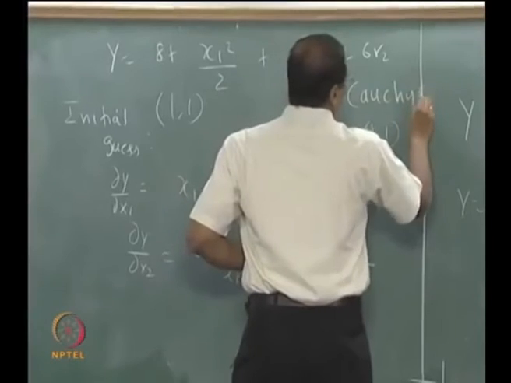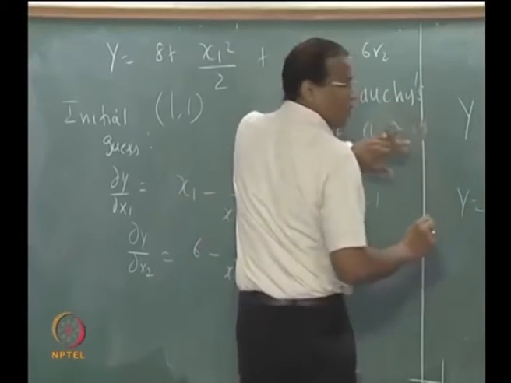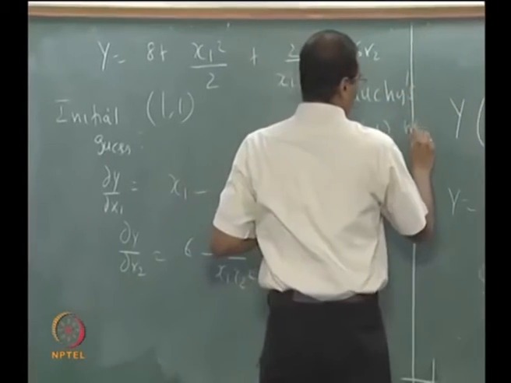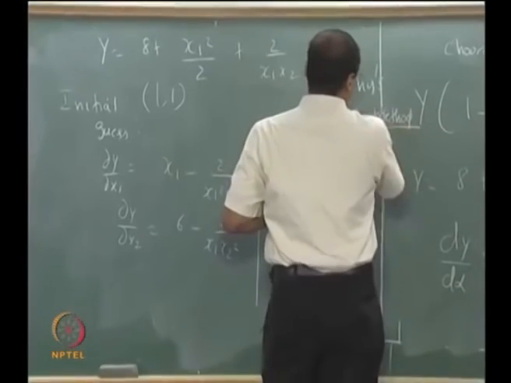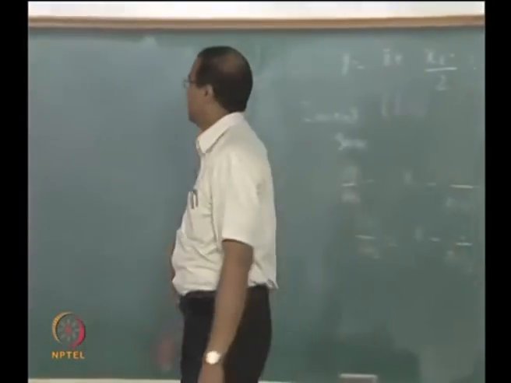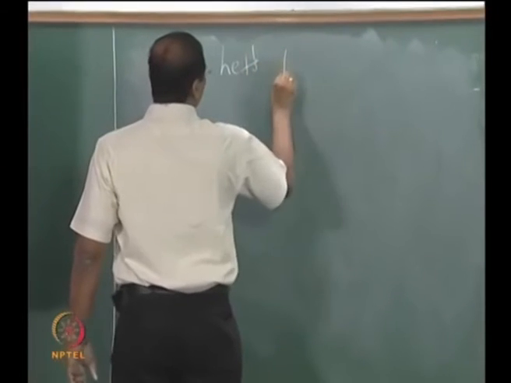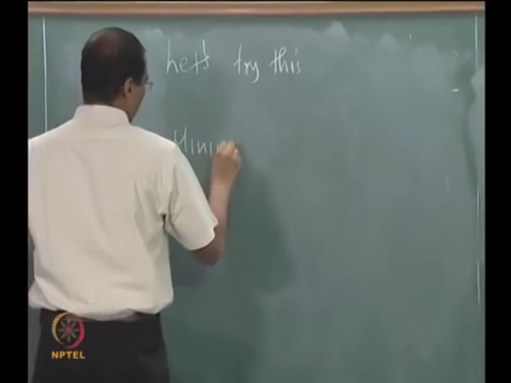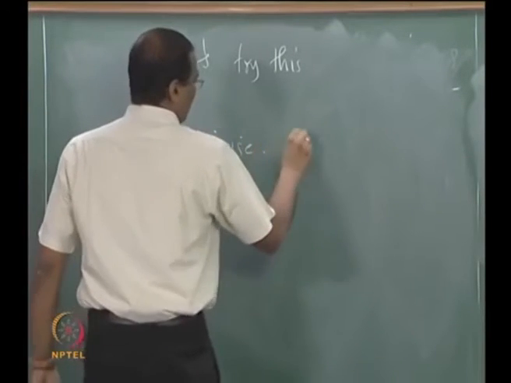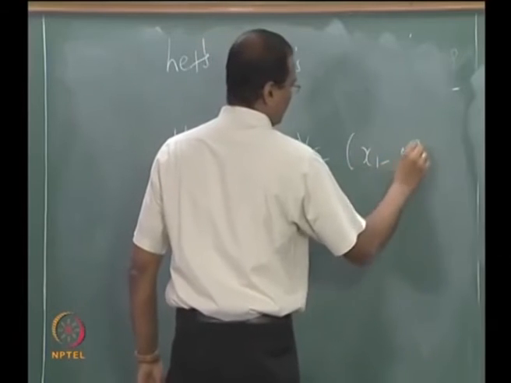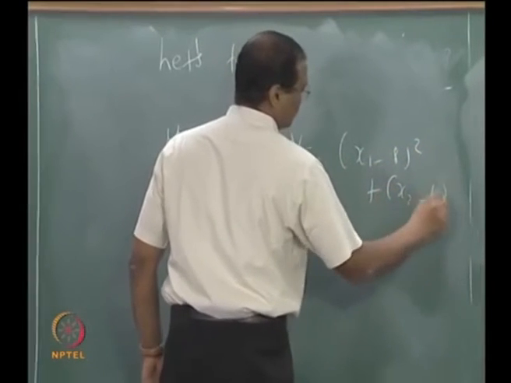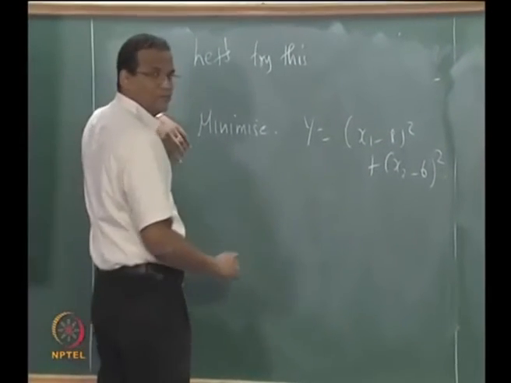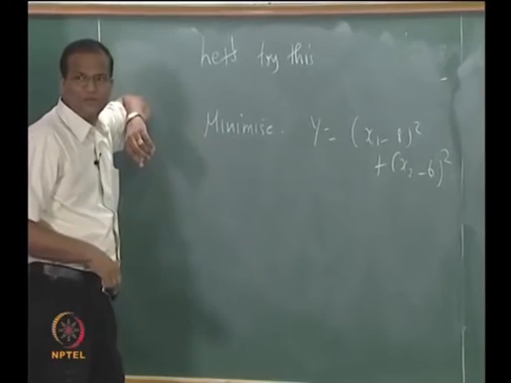If you look at any good optimization book, they should have explained Cauchy's method like this. Okay, let us try this. We did this before. x1, x2 greater than 0, this is a circle, right?